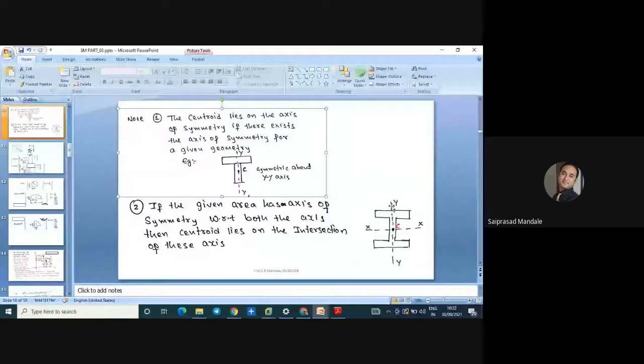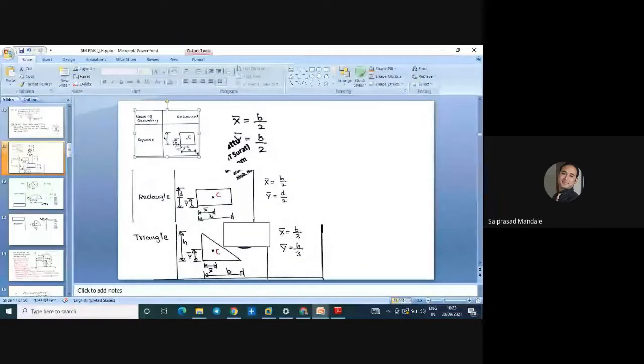If I fold this along the x-axis and y-axis, and they are both mirror images of one another, then I can say the geometry is symmetric about both the x and y-axis. Because if I cut along this axis, it will be a mirror image of both. If I cut along this, it will be a mirror image of both. So we can say that the geometry is symmetric about the x and y-axis.